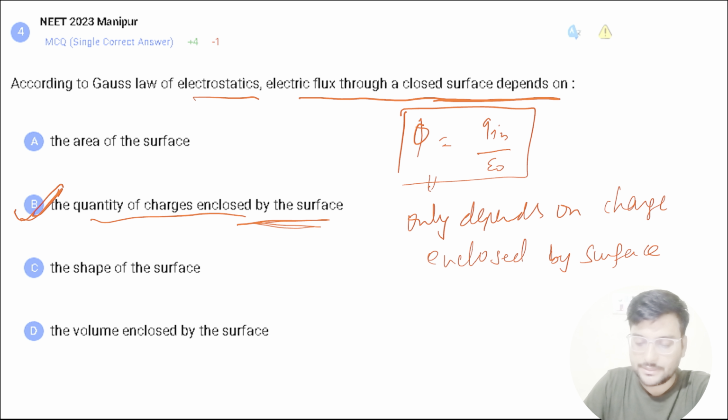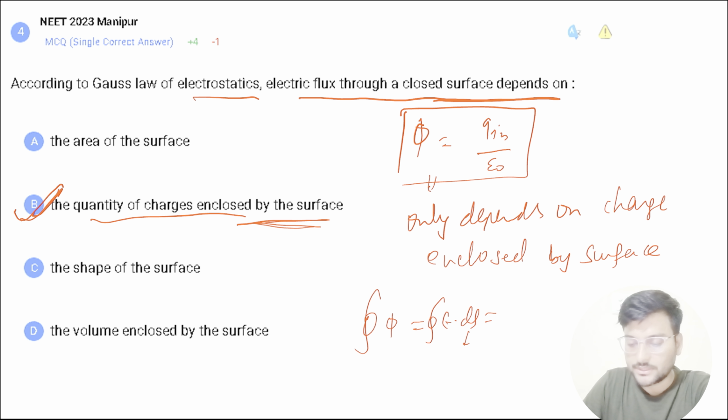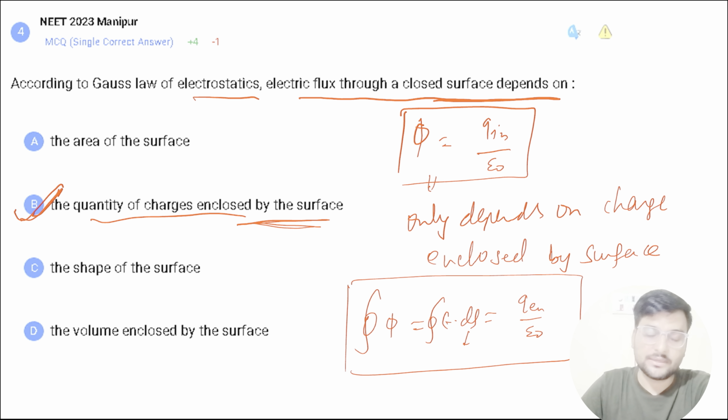Or we can say that Gauss law is phi, that is E dot ds, where ds is the surface area, not displacement, equals q n by epsilon. So in any closed loop, the total charge inside the loop upon epsilon, that is a multiple of 1 by epsilon times q n, right? See the Gauss law definition.